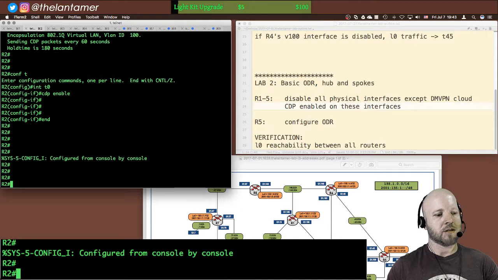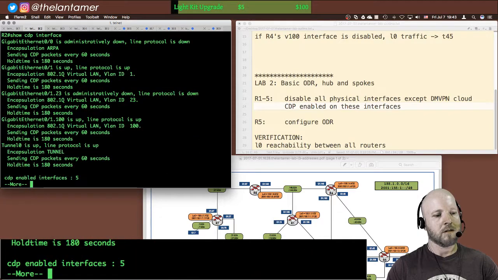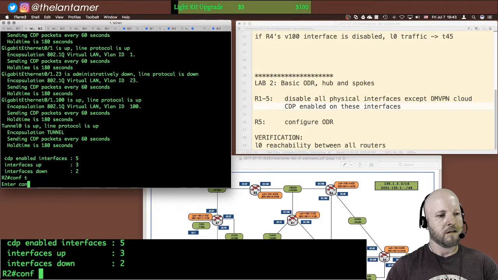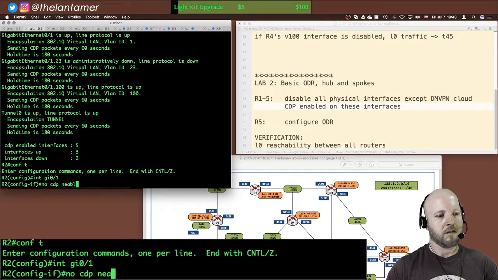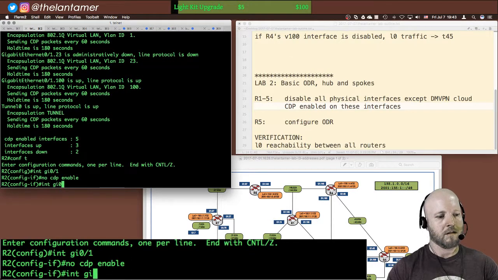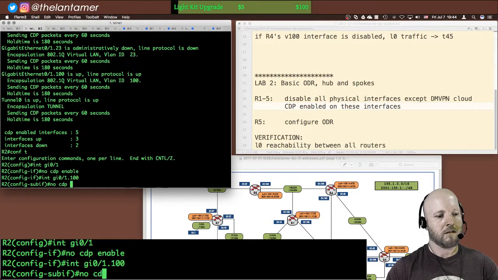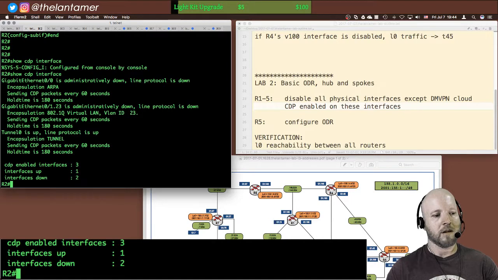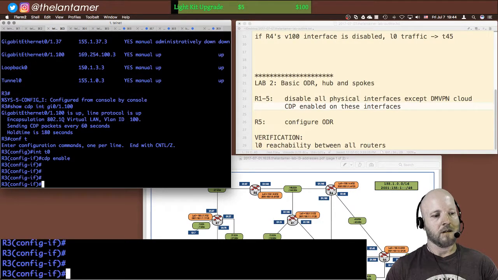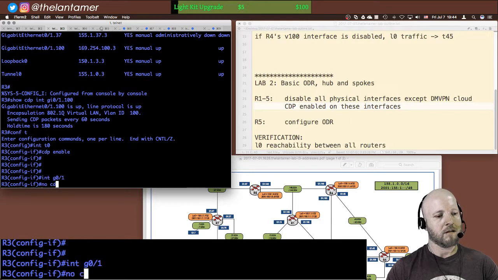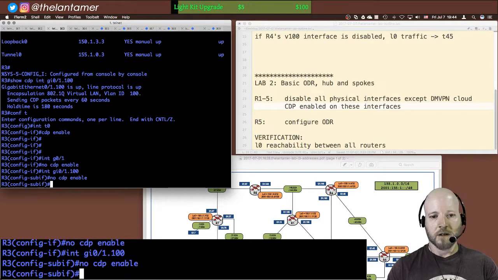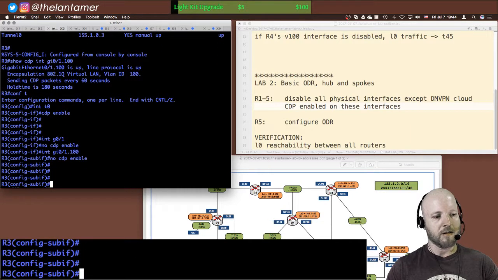All right, let's look at 2. Okay, interface is up 3. We need to change that. Okay, interface is up as 1. Good. Can't get your ODR to work without your CDP working.